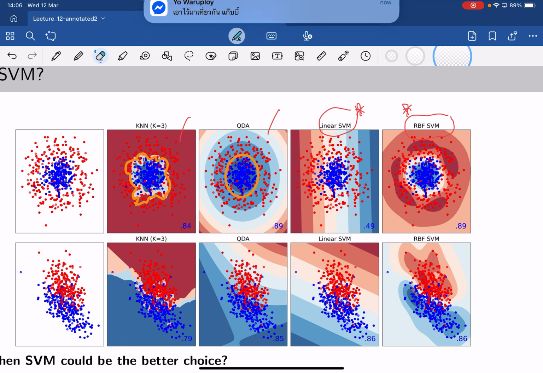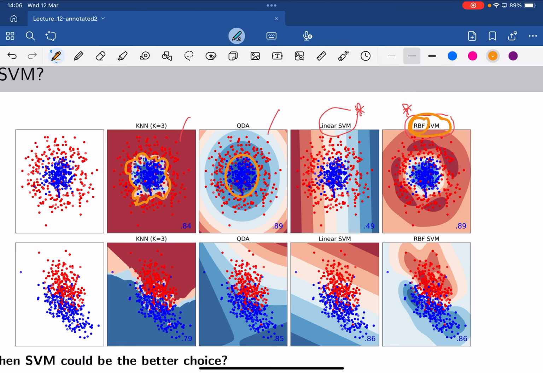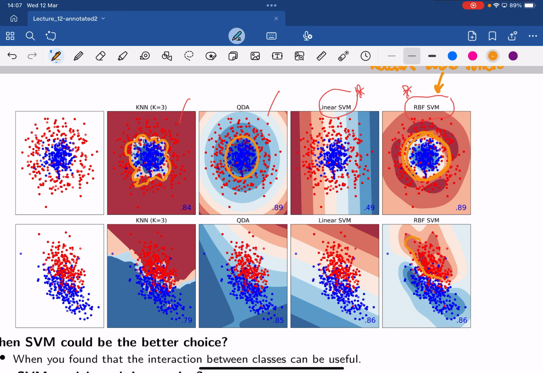However, if we change the SVM into a radial basis function, this radial basis function will enable SVM to create a curvy or circular boundary like this. And if your data distribution is different, if it's not a donut shape but something like this, you can see that the radial basis function can still help you classify. But the way it shapes the boundary would be different from the linear boundary that you have on the left.